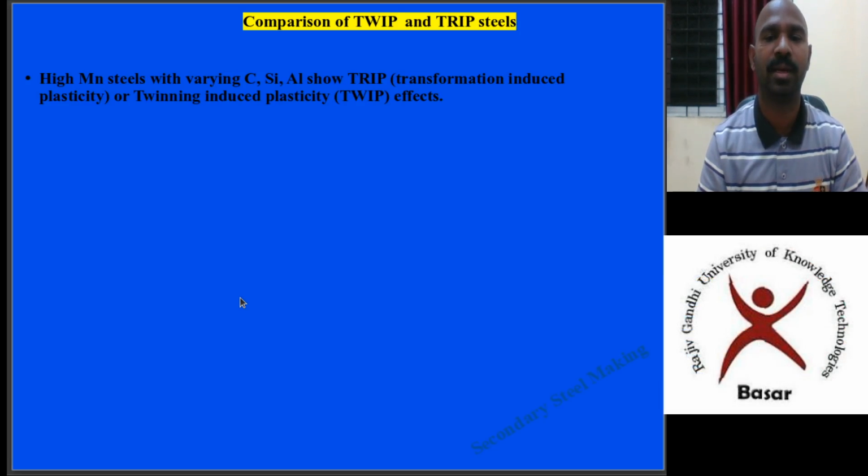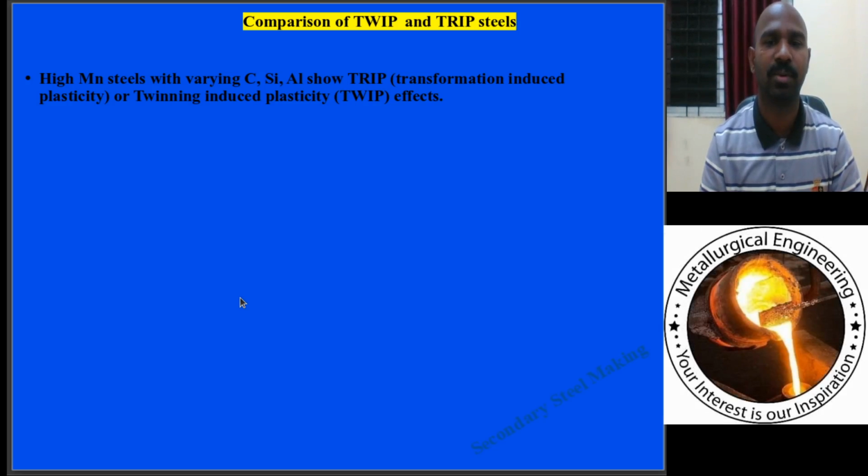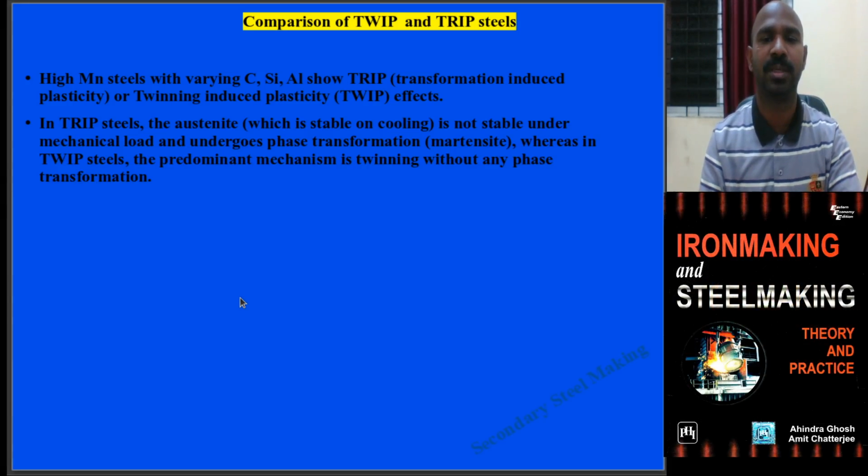The high manganese is varying along with the carbon, silicon, aluminium in TRIP steel and TWIP steel, and manganese is more in the TWIP steel and less in the TRIP steel, transformation induced plasticity.